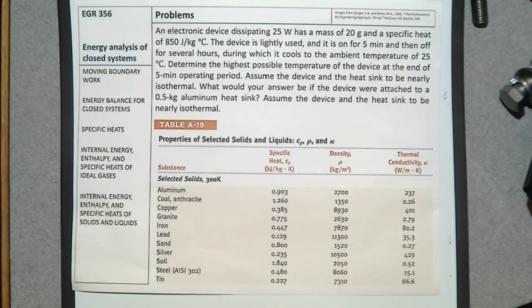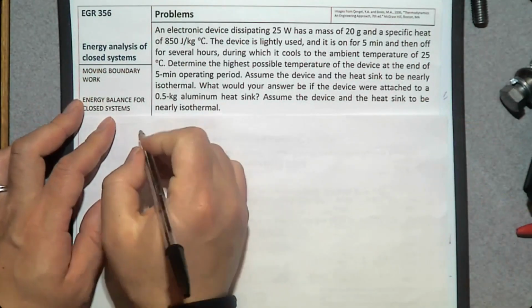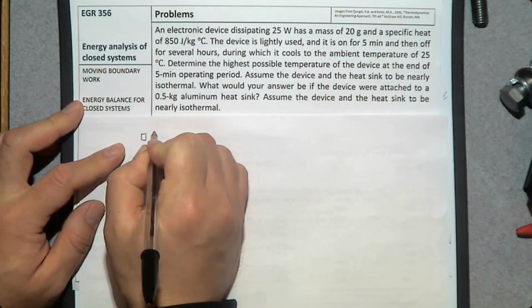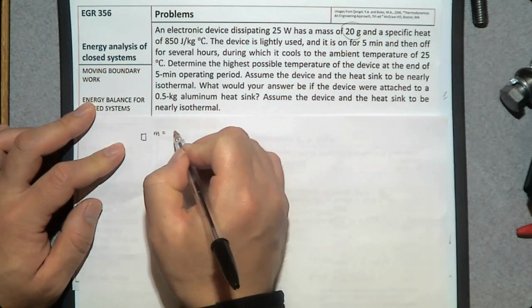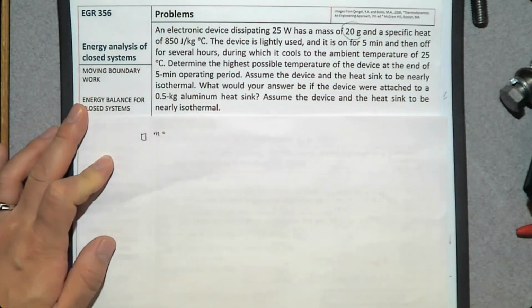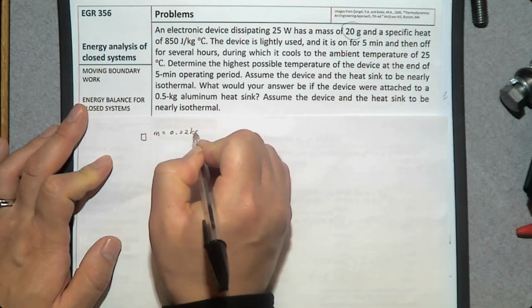Okay, so we have this electronic device whose mass is pretty small, 20 grams, but you don't like grams. 1,000 grams is 1 kilogram, so 0.02 kilograms.